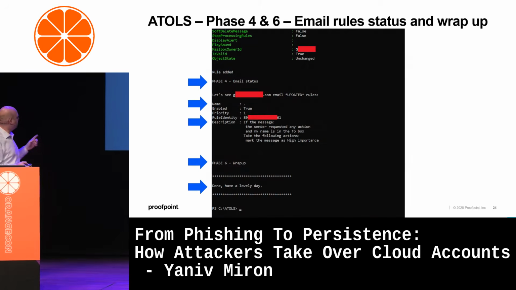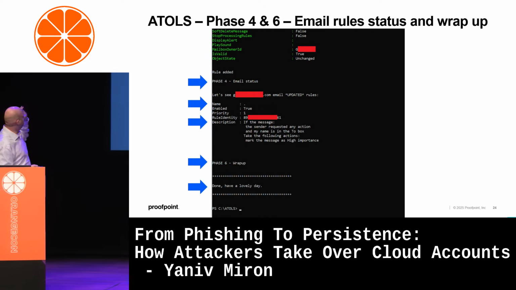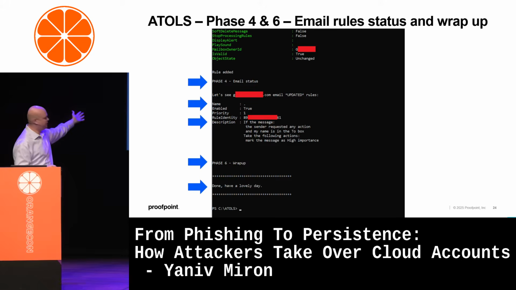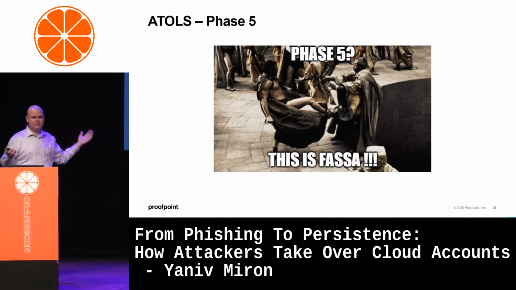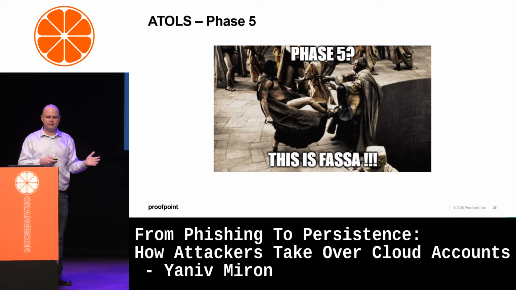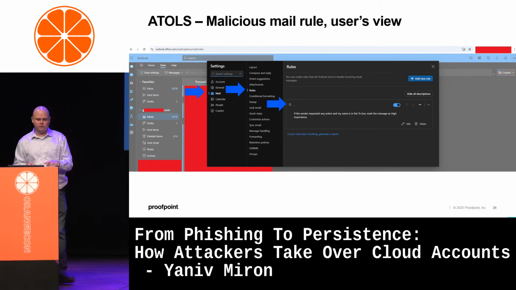You probably saw in the previous slide, it goes from phase 4 to phase 6. So phase 5 is missing. Phase 5 is another tool that I'm going to show you called FASSA. Before I continue, I just wanted to show you how it looks in Microsoft 365.